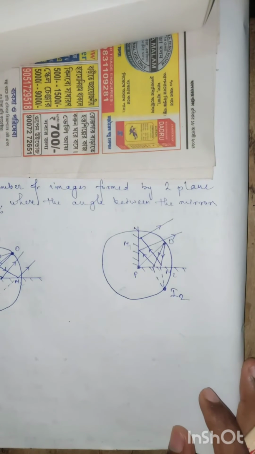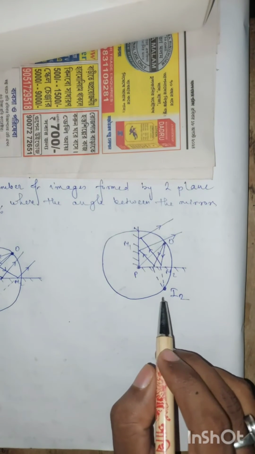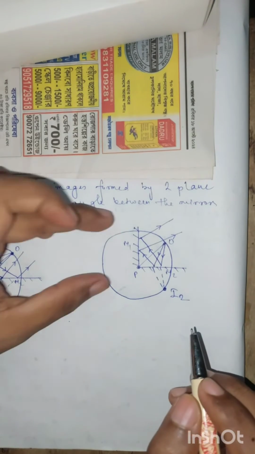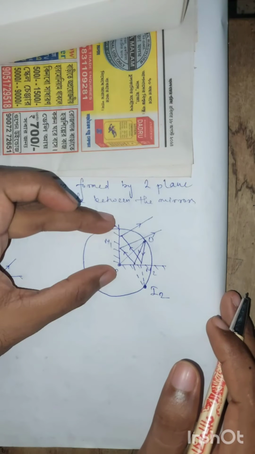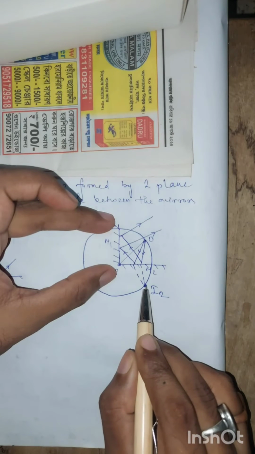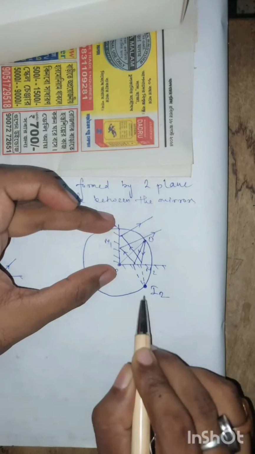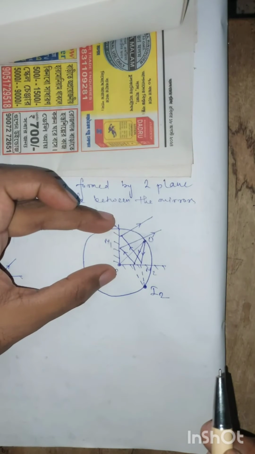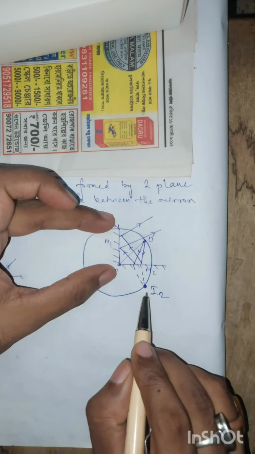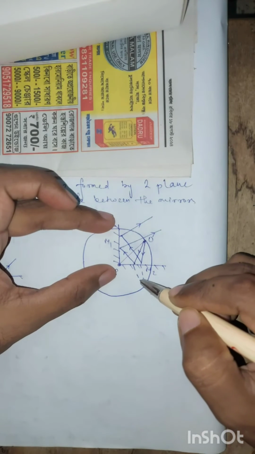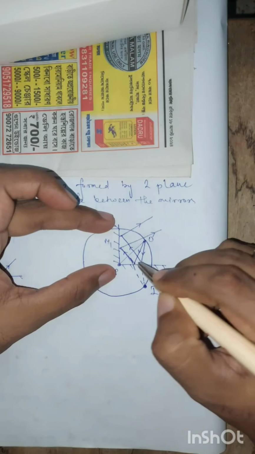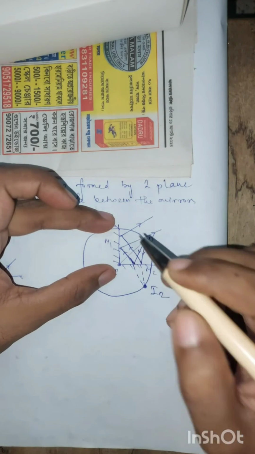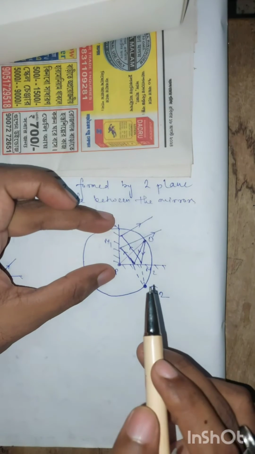Similarly, in this case, I2 will act as a virtual object for mirror 1. Okay, so this will act as a virtual object. So image of I2 will again be formed. So this is our object now. So light rays are coming out of this object and getting reflected by mirror 1.